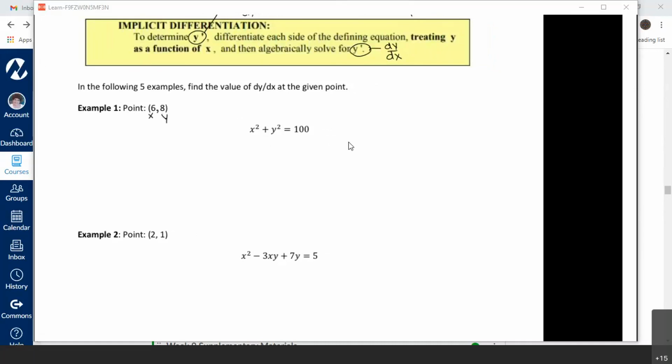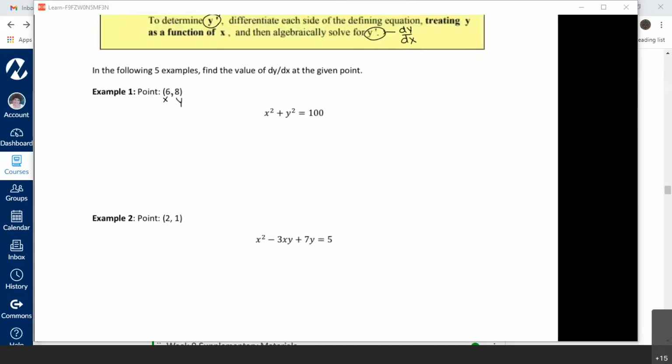It's going to be the slope of the tangent line to this curve at that point. If this were some sort of a cost or a profit equation, it would be the marginal of whatever y is. So the derivative has the same meaning. It's just we're going about it differently.